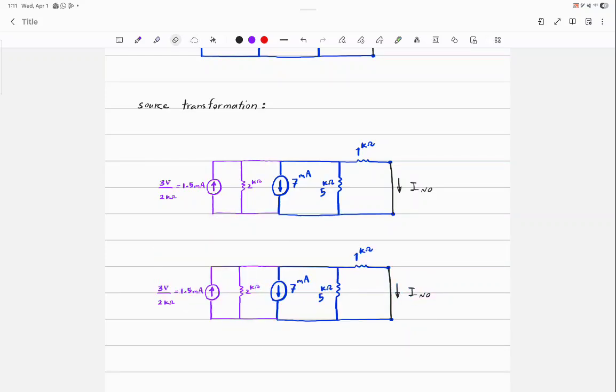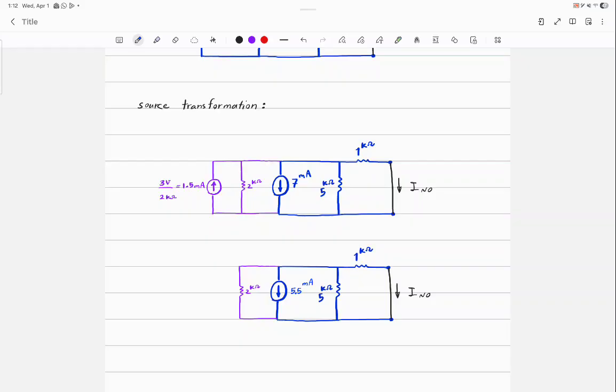So I'm going to get rid of the current source and just write the 7 as 7 minus 1.5, which is 5.5. I'm combining the current sources in parallel, right? And all the resistors are.